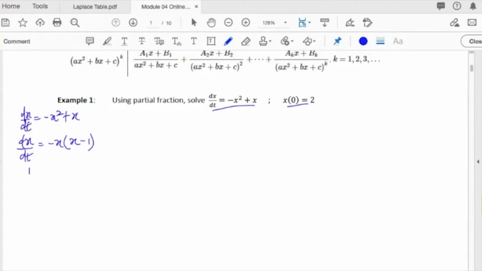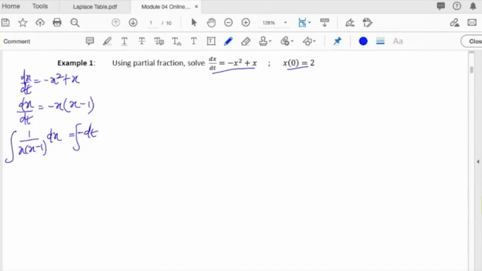So we have 1 over x times x minus 1 with dx on the left-hand side, and negative dt on the right-hand side. After that, we apply integration on both sides. On the right-hand side, we can directly solve, so we get negative t plus c.